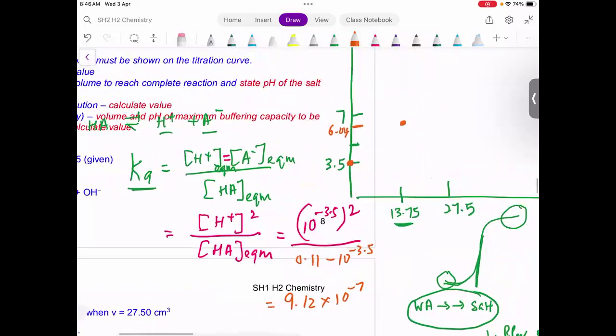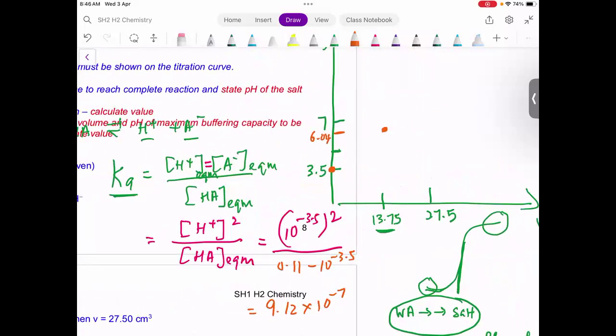Next, this is my equivalence point. 27.5 is 100% salt solution. If it's a salt solution, I need to ask whether the salt can undergo hydrolysis. Yes, it can. It's a basic salt because it's a weak acid, strong base titration.